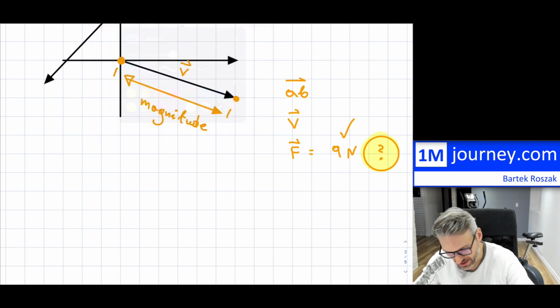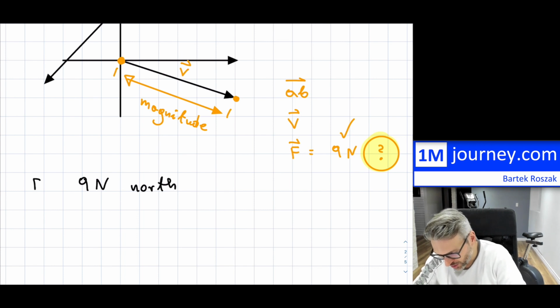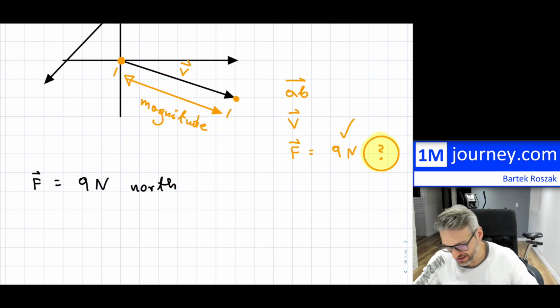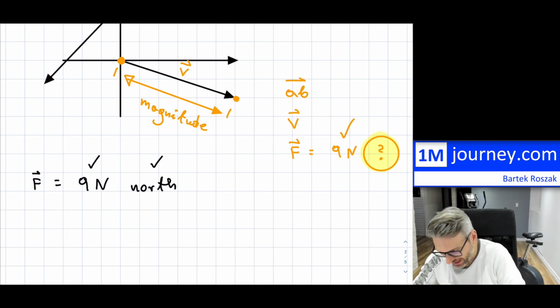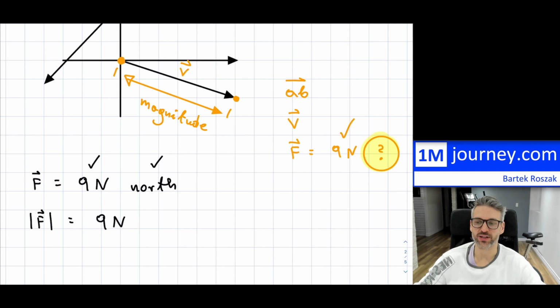So for instance, if we had 9 newtons, and this was in the direction of north, we would have called it F, and that's the actual vector. So it has this component and the actual direction. And now if you specify that you are interested in the magnitude, so you put it in absolute values, this is just going to be simply 9 newtons.